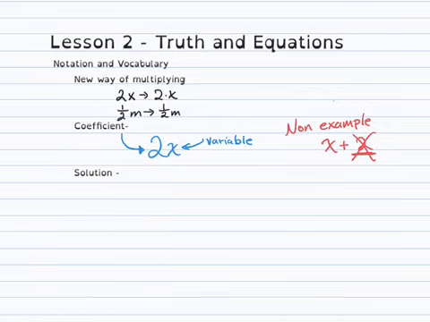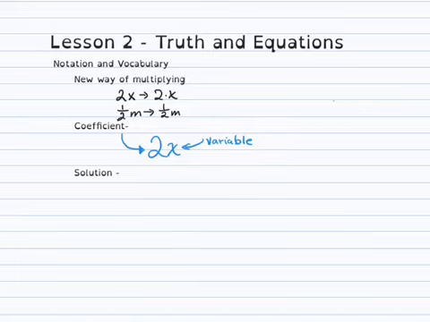If I have an exponent, x squared, this squared is not a coefficient. Once again, it has to be something that's multiplied. So in my expression 1/2 m, 1/2 is going to be my coefficient and m is going to be my variable.